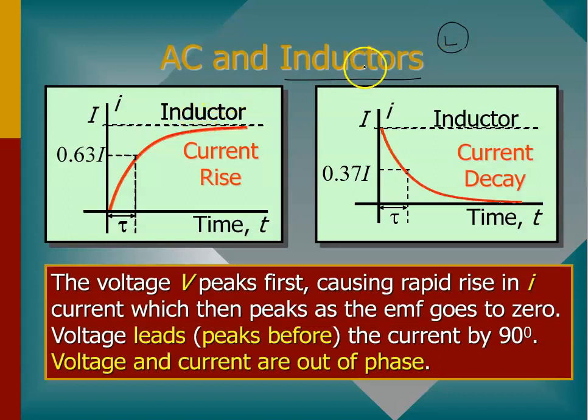Now before we discuss what happened to the AC circuit when an inductor is substituted into this type of circuit, first and foremost, you need to know that an inductor is one type of instrument that needs to recharge and discharge. There is a process of recharging and discharging in an inductor.